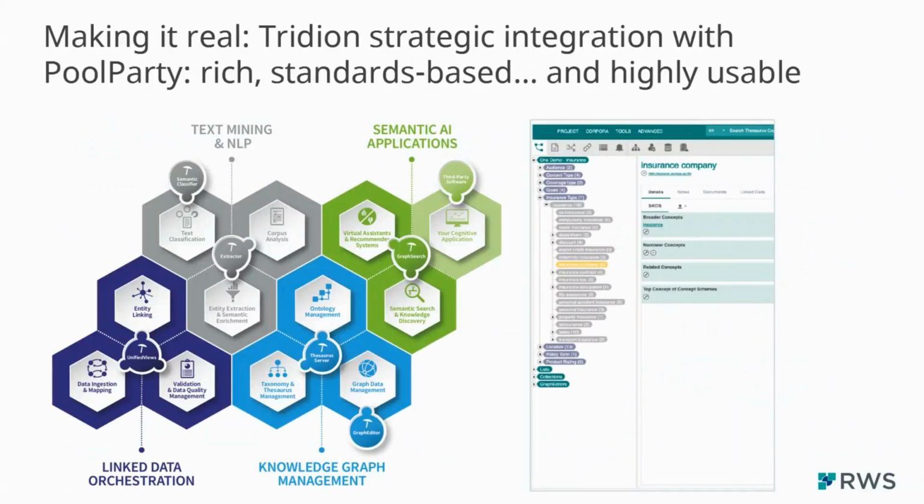So practical steps: how can you go about this? This is a problem that I've applied myself to a lot over the last couple of years, and we at RWS have a very fruitful strategic partnership with the Semantic Web Company, who are the producer of the PoolParty software. Andreas will talk more about that later.